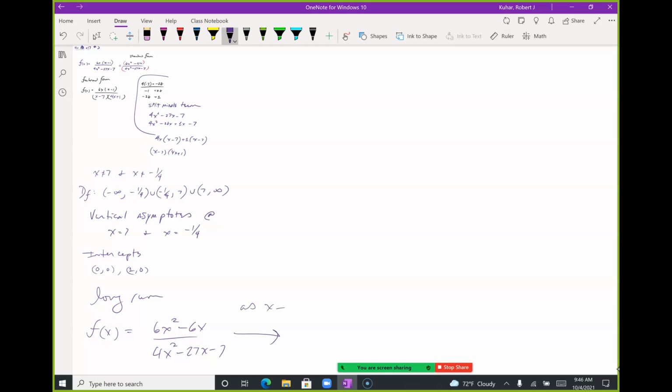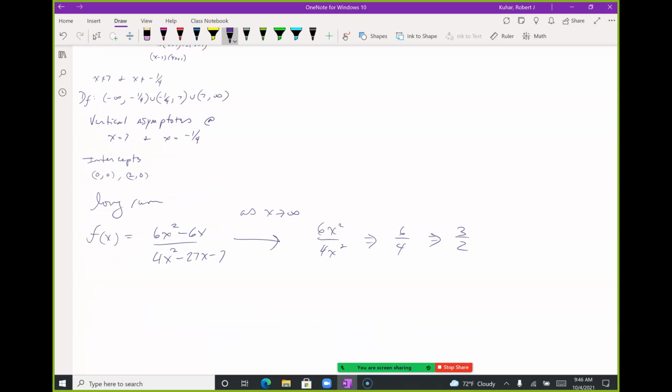As x goes to infinity, I only think of the mother functions, 6x squared over 4x squared, which becomes 6 over 4, or 3/2. So I'm getting a horizontal asymptote of 3/2. So the HA, horizontal asymptote, is y equals 3/2.